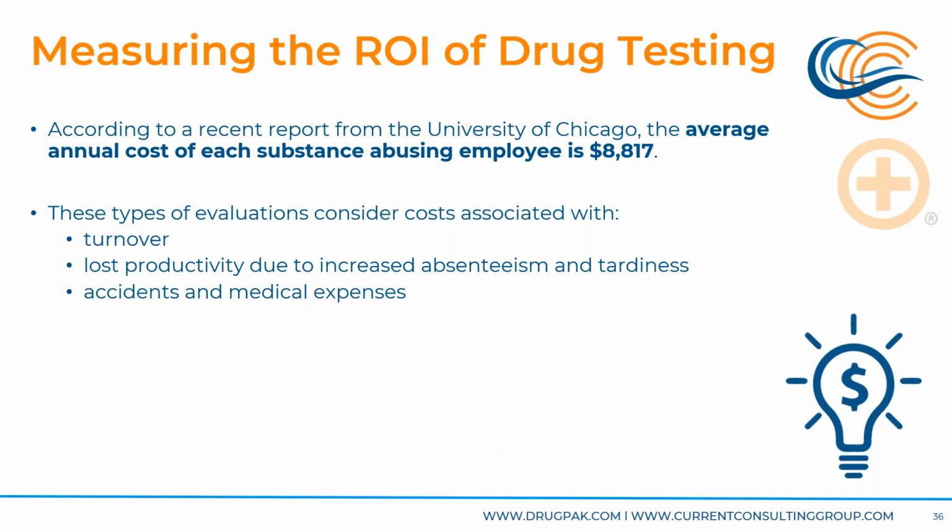But from a business perspective, we have to look at the cost, right? A study out of the University of Chicago concluded that the average annual cost of each substance abusing employee is almost $8,900, $8,817. That's from turnover, lost productivity, accidents, medical expenses, etc. $8,800 per drug abusing employee.